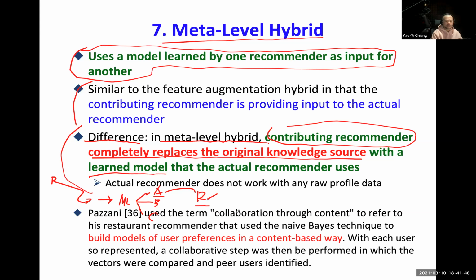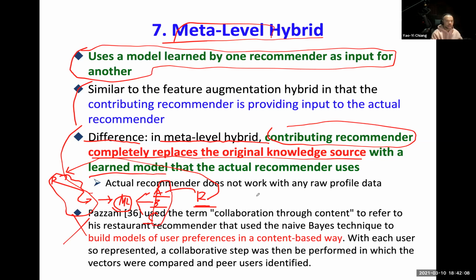You are not using them in your recommendation system. You only use them in this machine learning model to determine the personality type of this user, and then based on the type to make the recommendation. So this is why it's called meta level, because you're looking at this meta level.